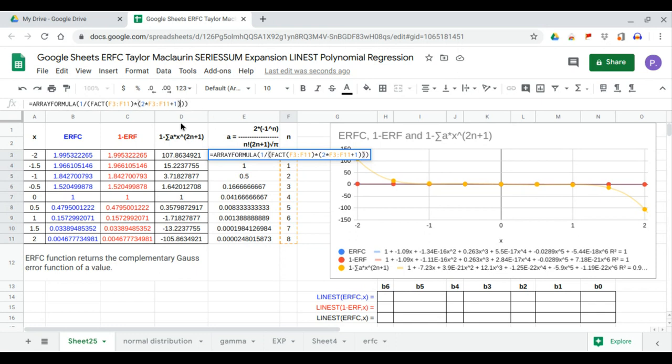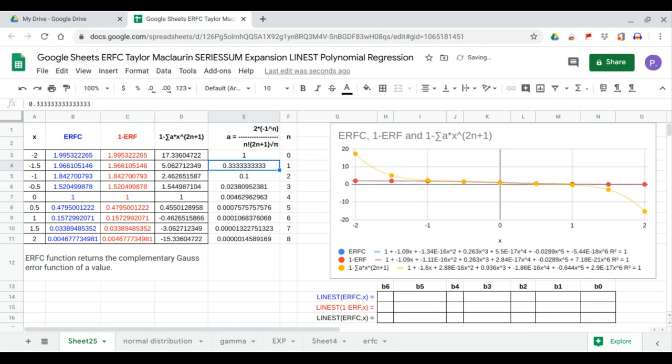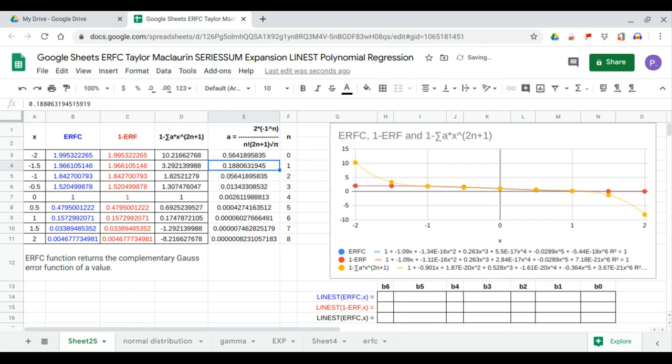After 2n plus 1, let's see how it works. So we can add the third part, times square root of pi. So we have 2n plus 1.